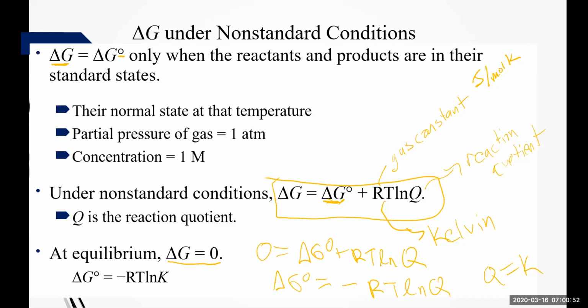And so this is how we get this second equation down here. Now, if they were to give you an equilibrium constant, we should be able to find the delta G naught at a given temperature using just our equilibrium constant. Or if we know where something's going to be at equilibrium, we should be able to find our K expression.